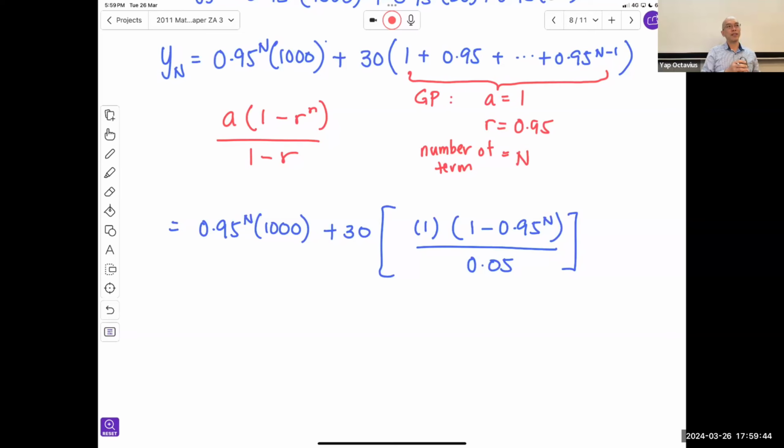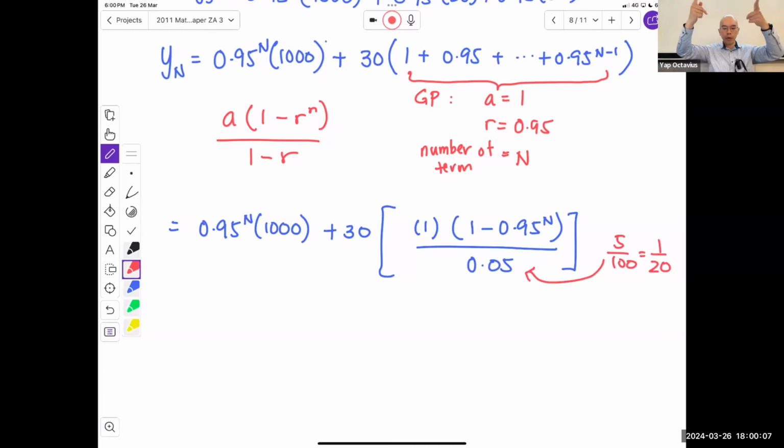First thing, move 2 decimal places, write it as 5 over 100. 5 over 100 is equal to 1 over 20. So the reciprocal gives 30 times 20. What is 30 times 20?